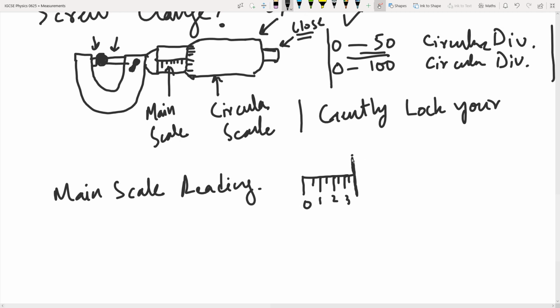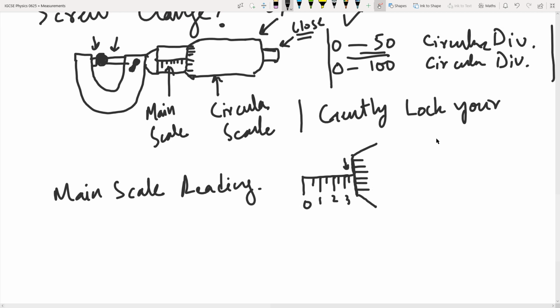Now I'm going to draw the circular scale. There are circular divisions. I will let you know how to take measurements using the circular divisions, but for now understand this: if you don't get to see this fourth line, you always take the line prior to it, right? Never assume the next line which is not visible to you. Always take the line prior to the line which is expected to be here.